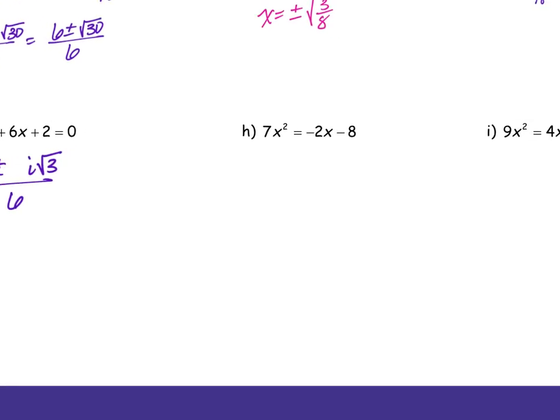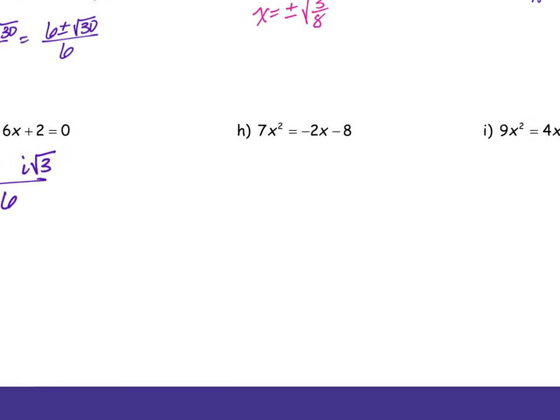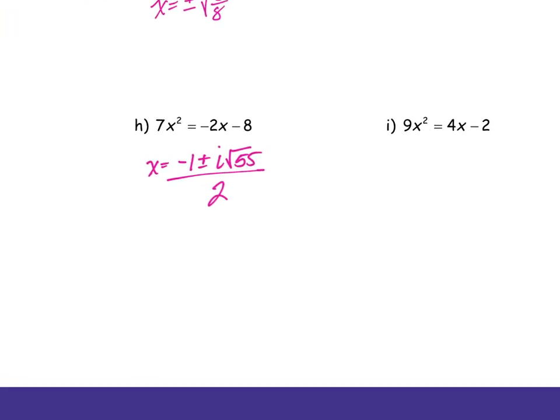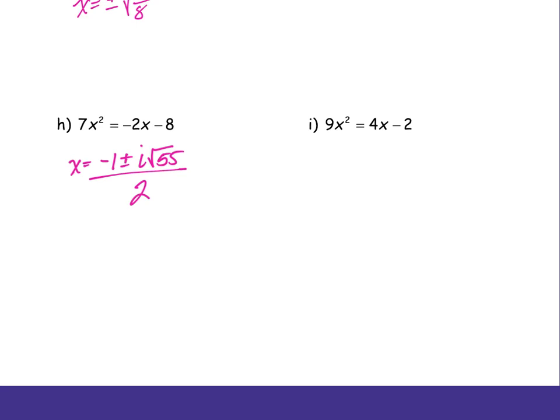Okay, and then for H, I got, hopefully I did this one right. Oh, I did. Okay, good. X is going to equal negative 1 plus or minus i root 55 divided by 2. And then I also has an i in it.